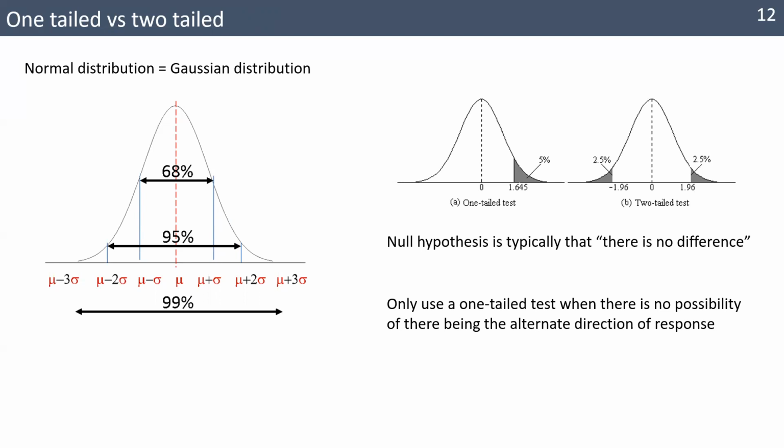Now, there are very few scenarios where you're able to reliably say that it could only go in the one direction. So you could think about measuring, I don't know, if you were standing against a wall and then jumping, how far forwards you'd go.